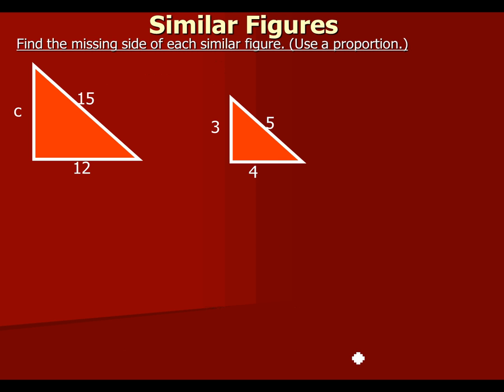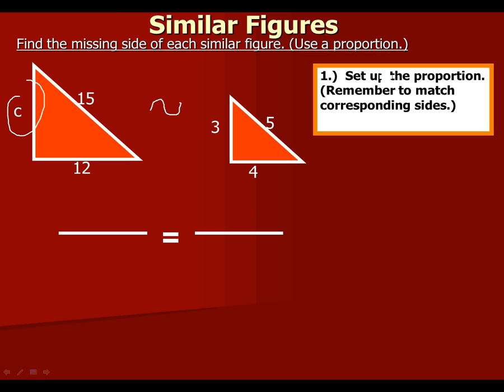Now let's get into our first example. Here we have similar triangles. I'm just going to say that they're similar because of the example, but sometimes you have to figure out whether they're similar. We're assuming for pretty much all my examples that they are similar. We're looking for C. What is that unknown letter?